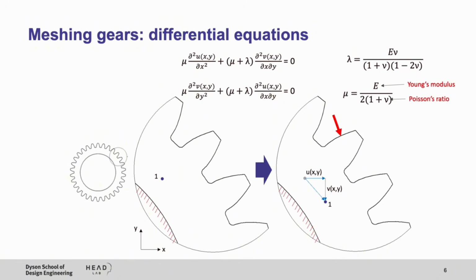Lambda is a function of elastic modulus and Poisson's ratio, as well as mu. So if we have the elastic modulus, Poisson's ratio of the material, theoretically we should be able to determine the distribution of the displacement u and v across the entire domain. But of course, this is not an easy problem to solve analytically. We have to resort to computational modeling.